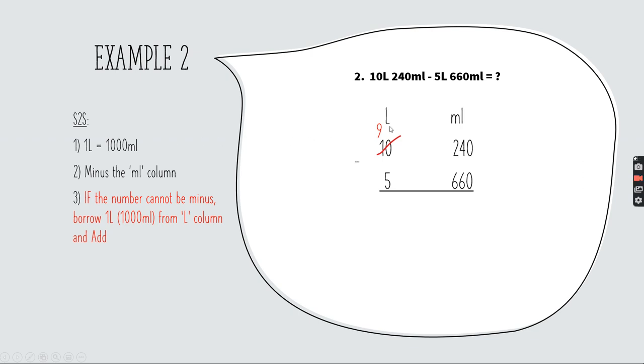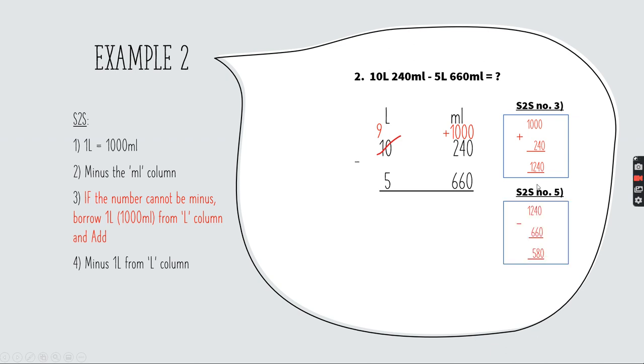So when we borrow 1 liter from here, we're going to put it in milliliters, it becomes 1000. So we're going to plus 1000 plus 240. We're going to do a side calculation over here. Now this is S2S number 3. 1000 plus 240 becomes 1240.